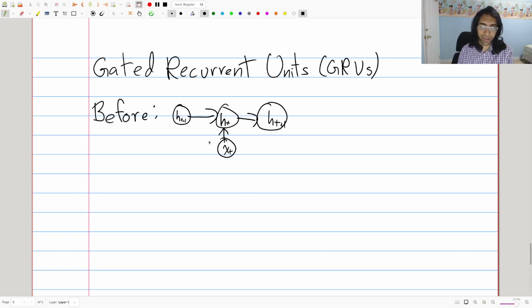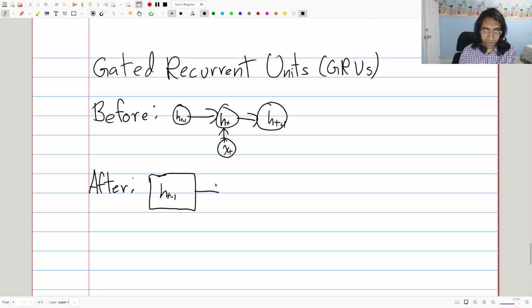But in fact, I want to make each of these hidden states into a box. I want to make more fancy things happen within each state. So after we implement GRUs, it's going to look something more like this. I said before that there was no real difference between the circles and squares. Well, this time it's going to be a bit different because I'm just going to represent that there's something more interesting going on here.